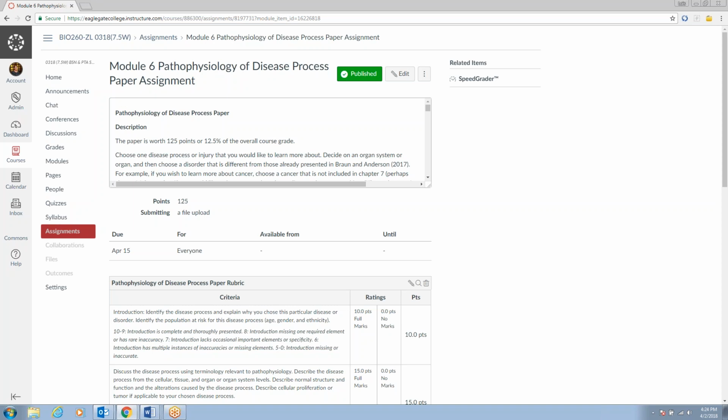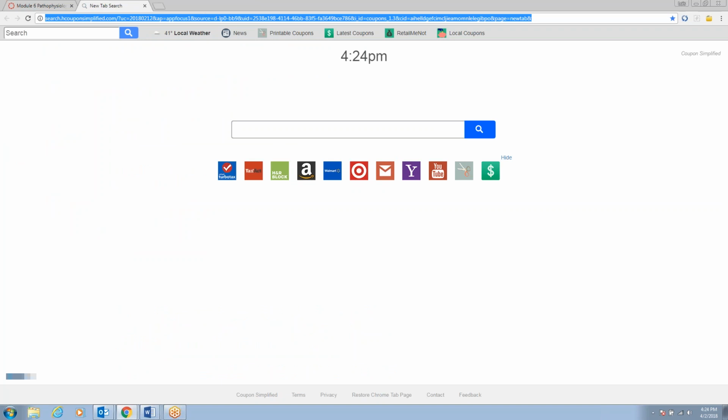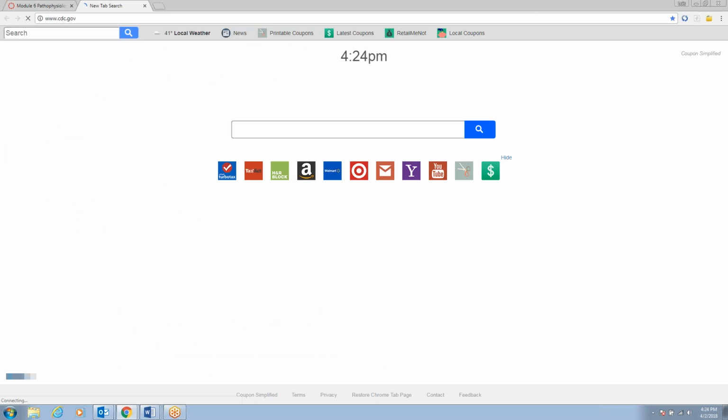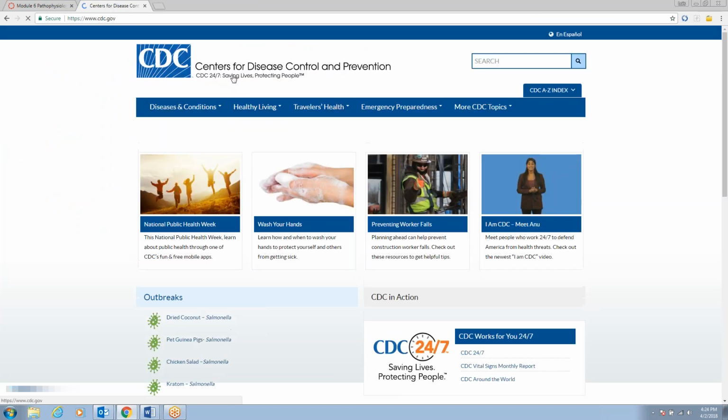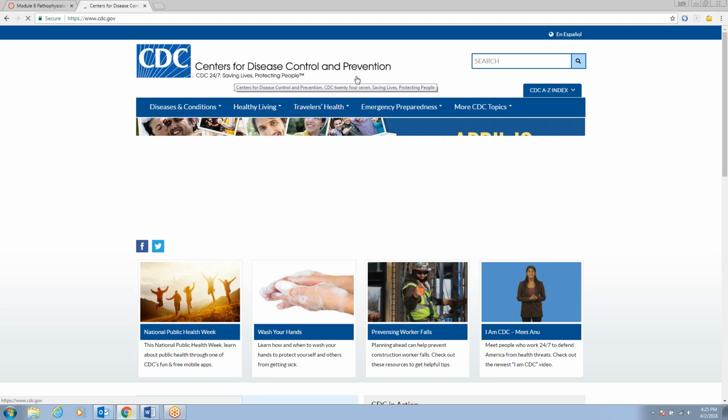That's absolutely right. So even in the reference, if you're going to say you got something from the CDC and there's no other author, it's a group, the CDC posted it, so your reference would say Centers for Disease... What's CDC? It's longer. Centers for Disease Control and Prevention.